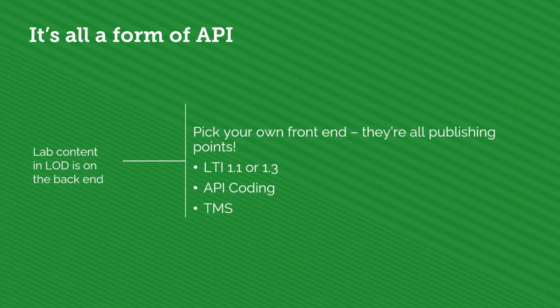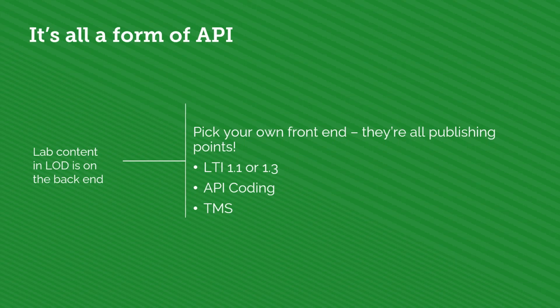Or you could use the TMS, and believe it or not, the TMS is just a form of publishing point. Now, we will make that publishing point available to you, and when we do that, that's how you set up that tunnel that I was talking about. That publishing point has a key. That key is what you use to access that content through that tunnel.